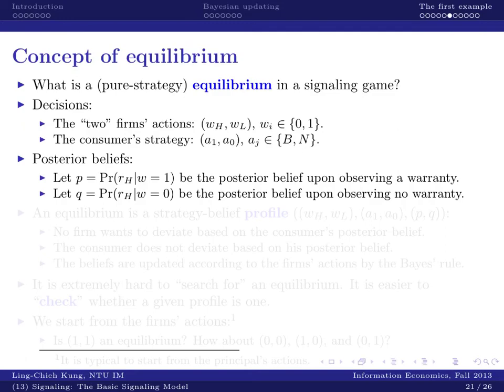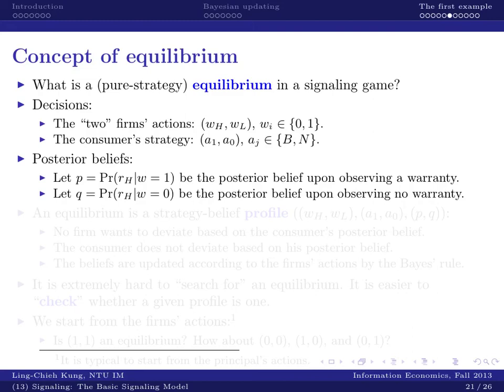Moreover, there are beliefs in this incomplete information game. I am going to use P and Q to denote the conditional probability for you to believe that the product is good when you observe a warranty or no warranty. P is the case that the consumer sees a warranty plan and then updates the belief about whether the product is reliable.